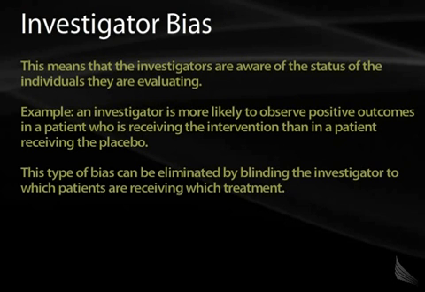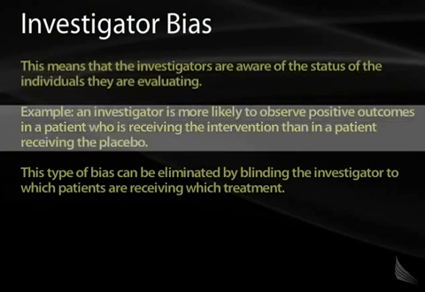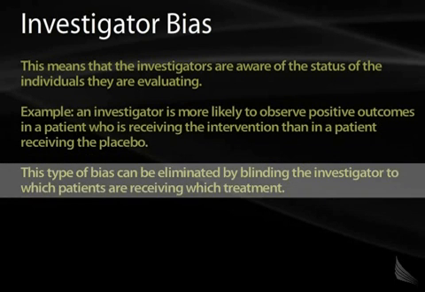As mentioned in the previous slide, the investigator may carry his or her own bias into a clinical trial. This means that the investigators may be aware of the status of the individuals they are evaluating. For example, an investigator is more likely to observe positive outcomes in the patient who is receiving the intervention than those receiving the placebo. Again, this can be eliminated by blinding the investigator as to which patients are receiving which treatment.